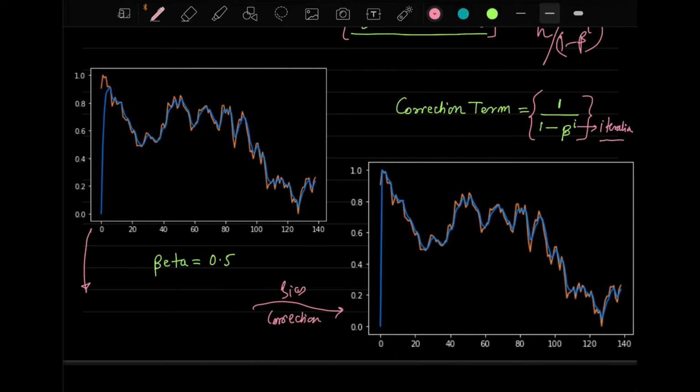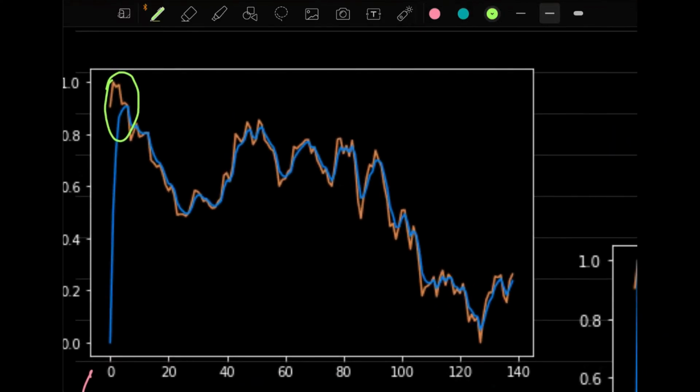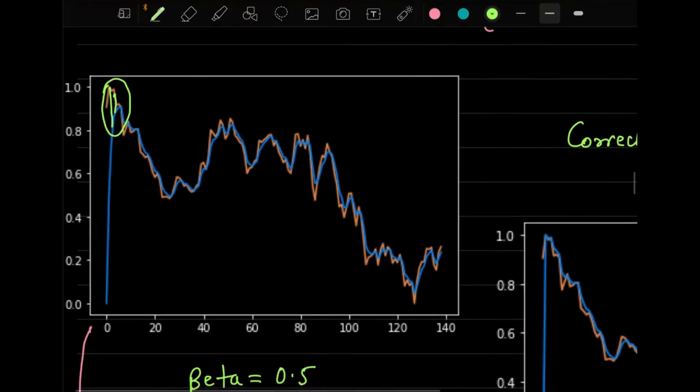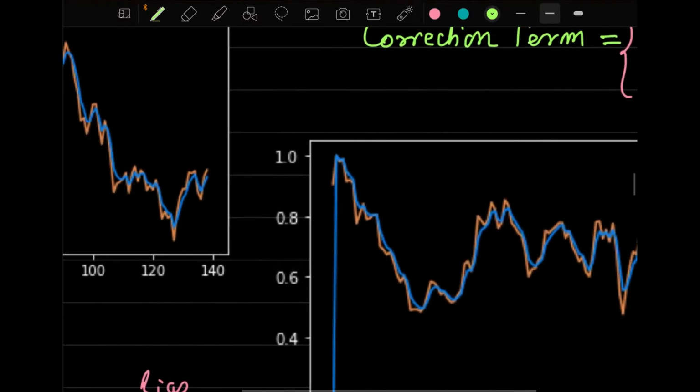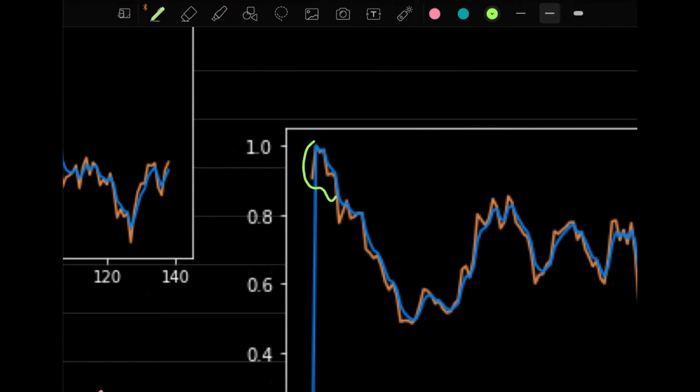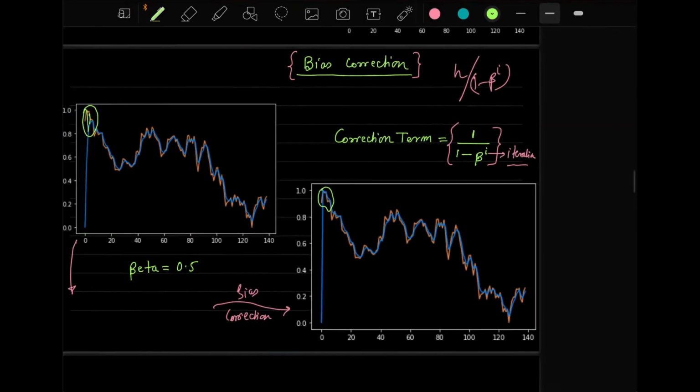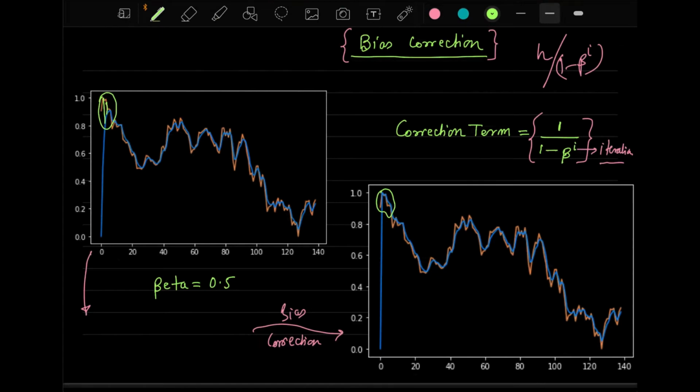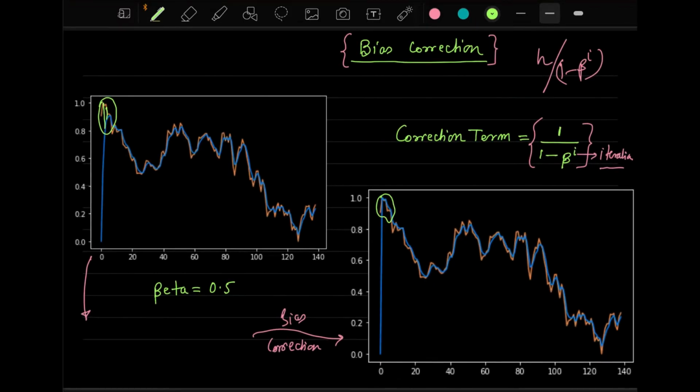So now you can see that at this point, it is not capturing the original values. But when you do the bias correction, now you can see at the starting of the iterations, this problem is removed and it is actually capturing the data. So this is basically the adjustment that you have to do in order to completely capture the profile of the input data.